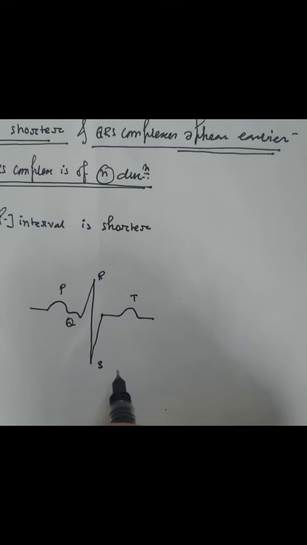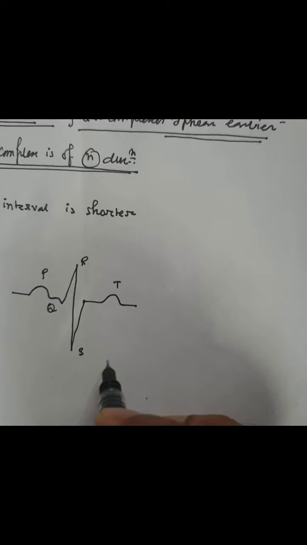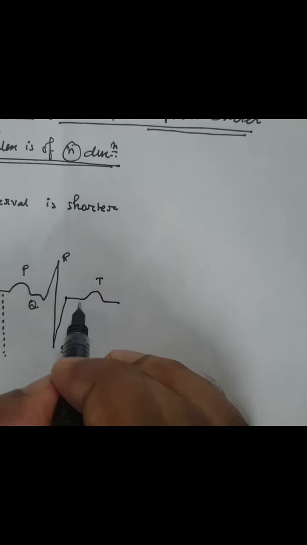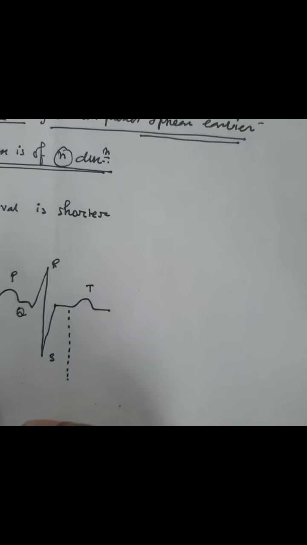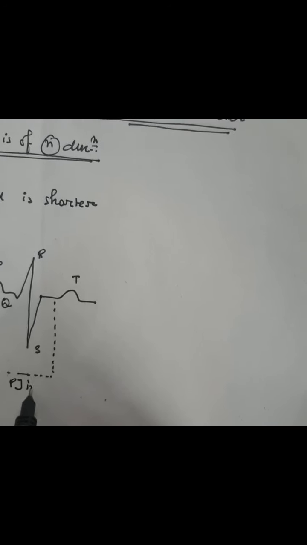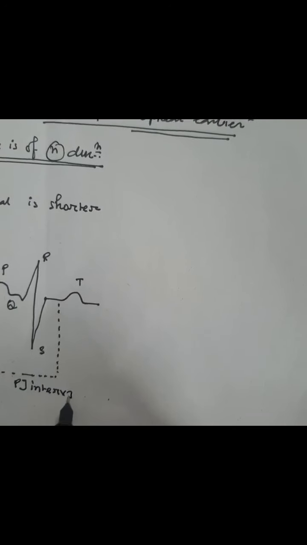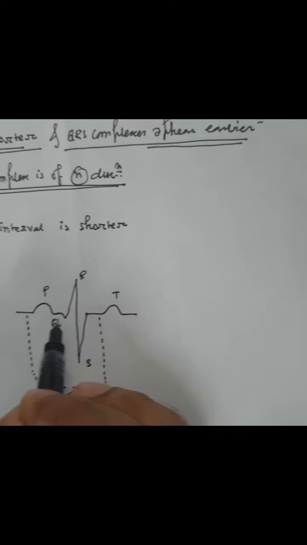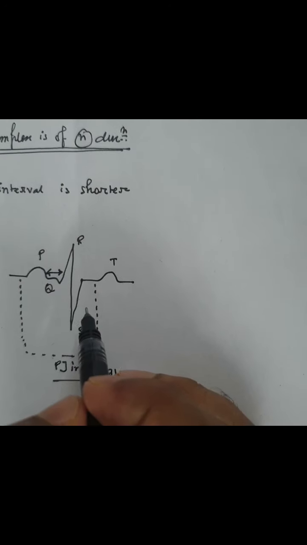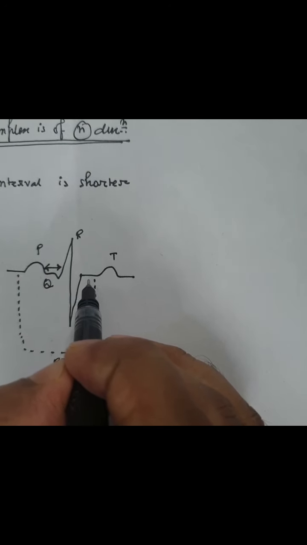The PJ interval, we know, is the time between the beginning of the P wave and the termination of the QRS complex. So this is the PJ interval.